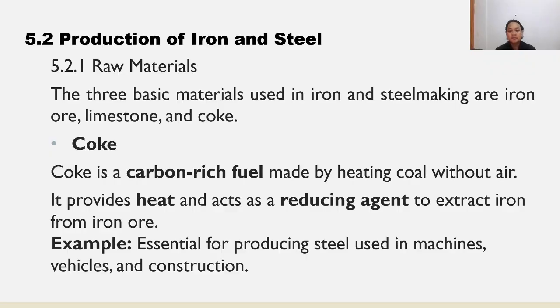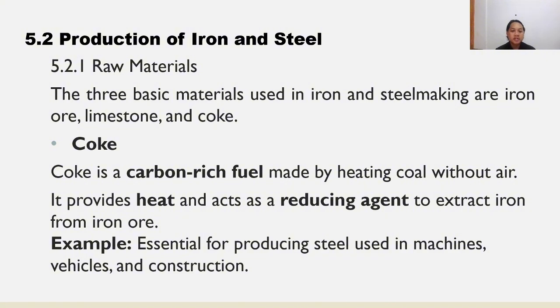Next, we have coke. Coke is obtained from special grades of bituminous coal that are heated in vertical ovens to temperatures of up to 1150 degrees Celsius, and then cooled with water in quenching towers.